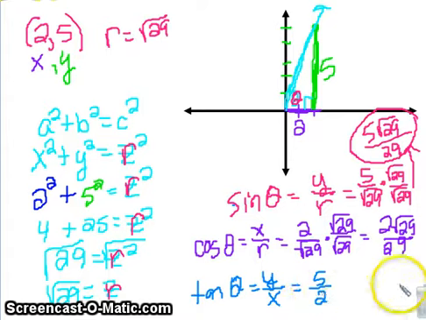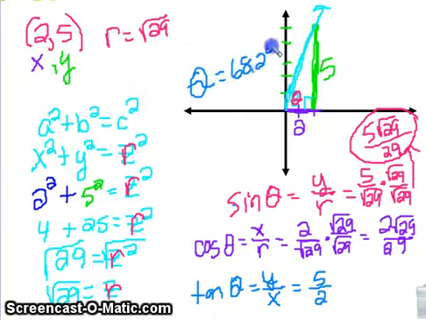And then do tan inverse of 5 halves. Second cosine. See how it's cosine to the negative 1? Yeah. Anybody find it? What was it, Gabby? 68 point what? 68.2. So this angle measure you should get is 68.2 degrees.